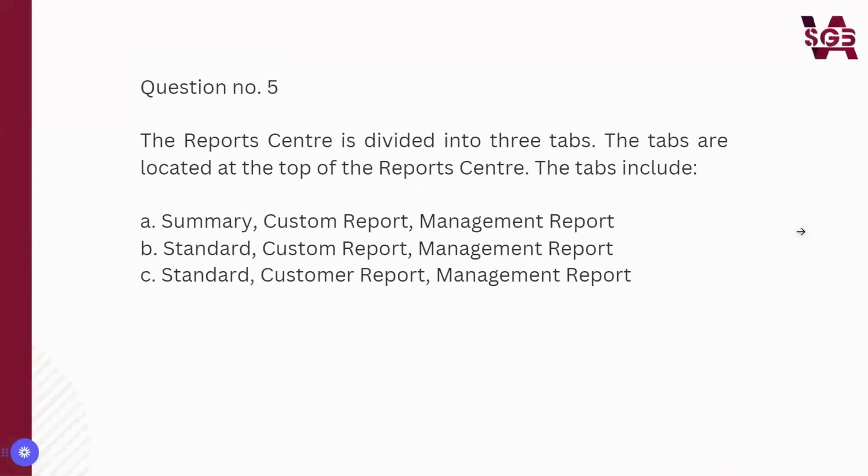Question number 5. The report center is divided into 3 tabs. The tabs are located at the top of the report center. The tabs include A, Summary, Custom Report, Management Report. B, Standard, Custom Report, Management Report.